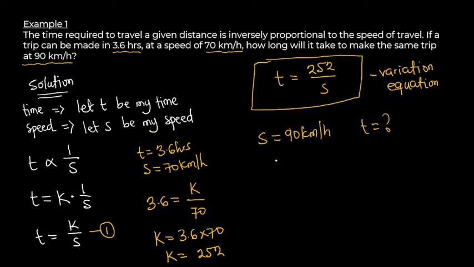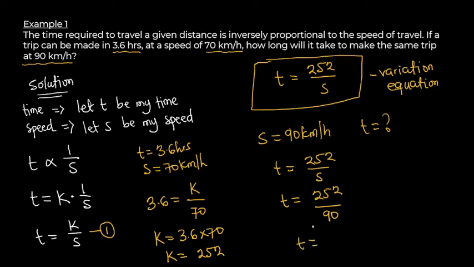We know that our variation equation tells us the time is now equal to 252 on s. So it implies our time is equal to 252 on our speed over here, which is 90 kilometers per hour.